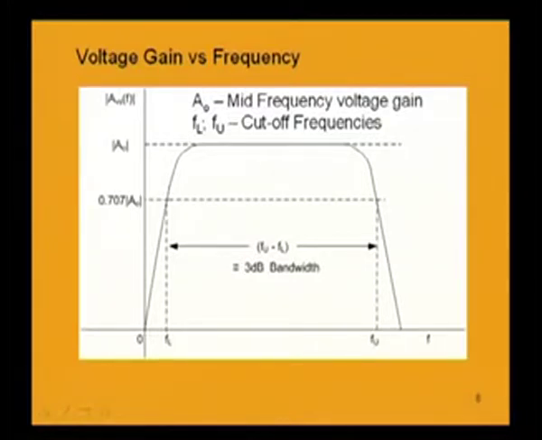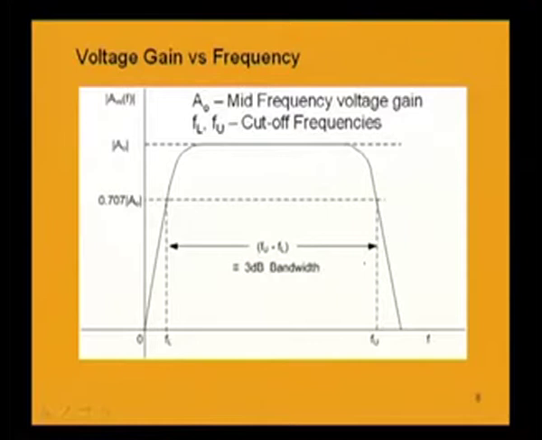Now if the frequency is lowered, the voltage gain droops off, going lesser and lesser, and when the frequency is higher, the gain also lowers from the value of A naught as seen here. The lowering of the gain occurs because of the reasons just explained.